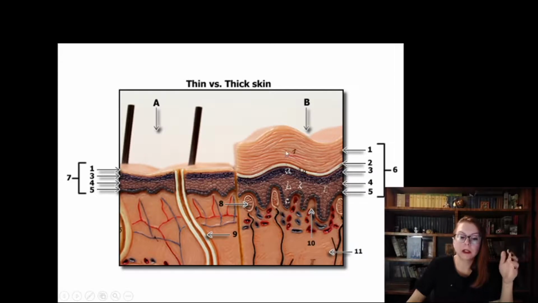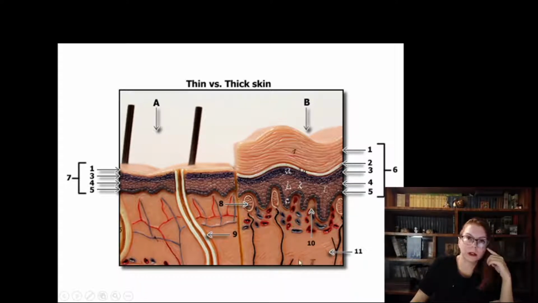Then here, besides, the difference between the thin and thick skin is shown. Notice that when we say thick skin, we imply thick epidermis, and this is not correct, but it was used to say thick skin and imply thick epidermis, and you just have to remember this. So if we are talking about the thick skin, we do not imply the thickness of the dermis.